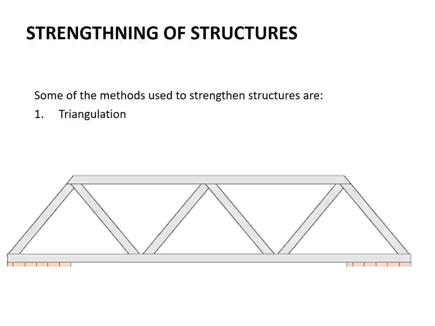Because if stress was centered at a certain point and not evenly distributed throughout, the bridge would easily collapse. Then we use this triangulation in order to evenly distribute stress throughout the whole bridge so that the bridge becomes very strong and rigid.